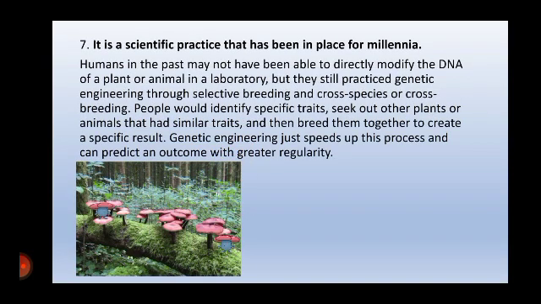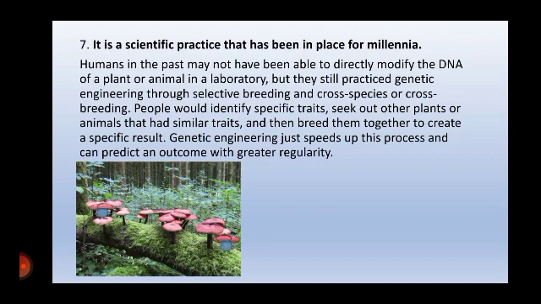Number 7. It is a scientific practice that has been in place for millennia. Humans in the past may not have been able to directly modify the DNA of a plant or animal in a laboratory, but they still practiced genetic engineering through selective breeding or cross-breeding.